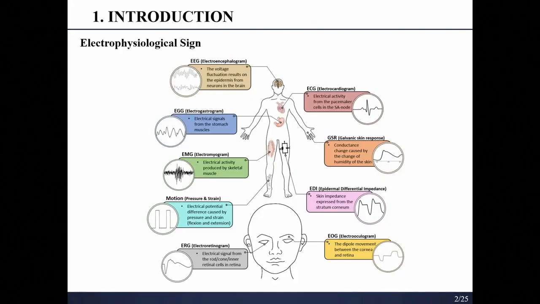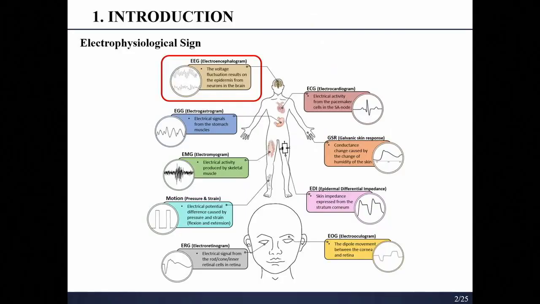As you can see here, we can measure vital signs on our skin. Through the measurement of biosignals, we can easily determine whether or not each organ is performing normally. We call each biosignal by a short name. The brain signal is the electroencephalogram, we call it EEG, and the heart signal is the electrocardiogram, ECG.